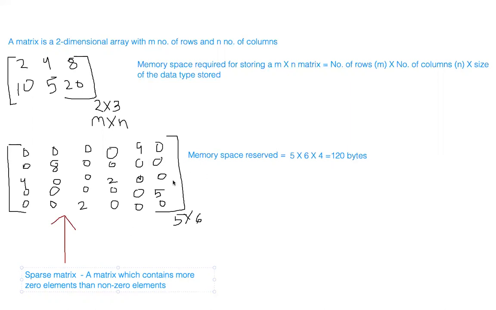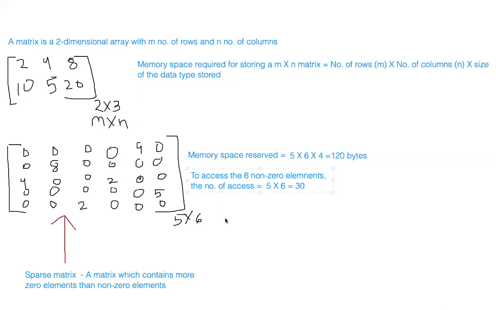Now, in this particular example, out of 30 elements in this matrix, only 6 are non-zero elements, and to access the 6 non-zero elements, the number of accesses will be equal to the dimension of the matrix, which is 5 cross 6 equals 30.